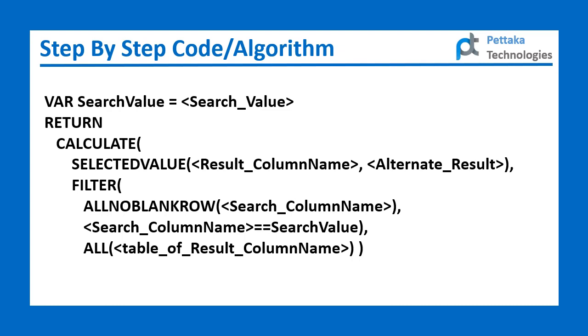Inside the CALCULATE function we'll be using SELECTEDVALUE to select the value from that result column, and we will use FILTER for filtering the data by using the condition search column name equal to search value, and we will use the ALL function to retrieve all the rows from the column.